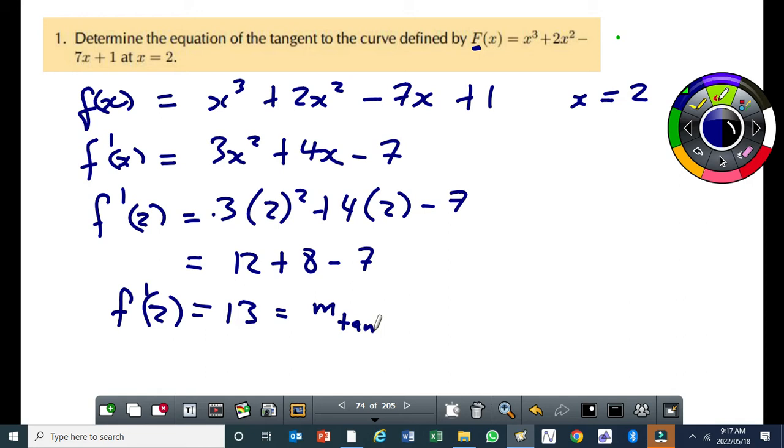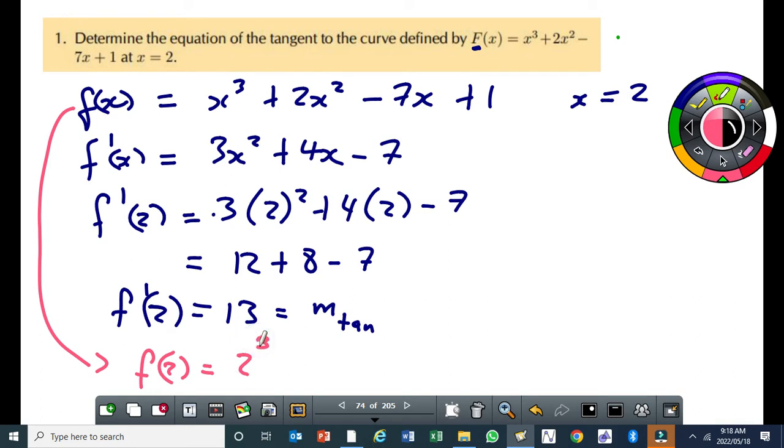But where x is equal to 2, there is a y value there. So if we want to find the equation, we need to determine the y value where x is 2. To find it, we substitute x equal to 2 into the original expression. So f(2) will be equal to 2 cubed plus 2 times 2 squared minus 7 times 2 plus 1.